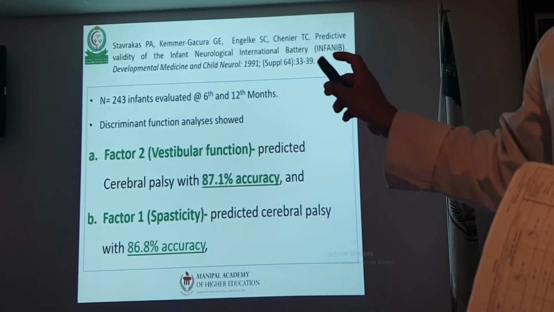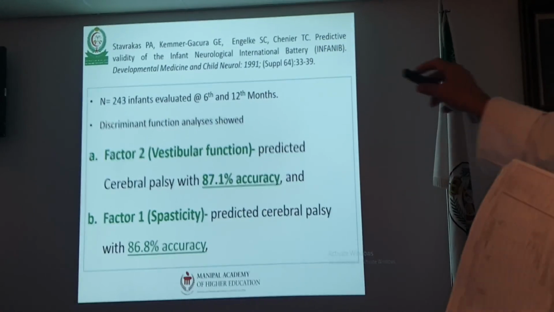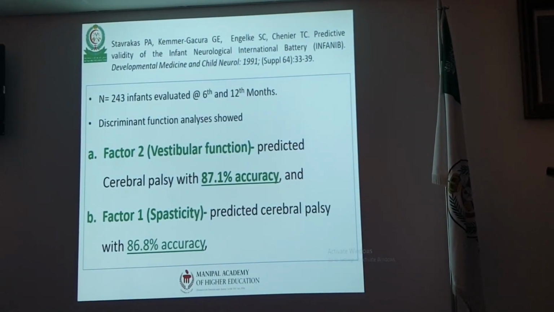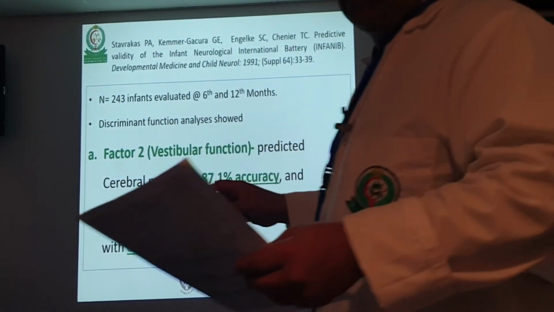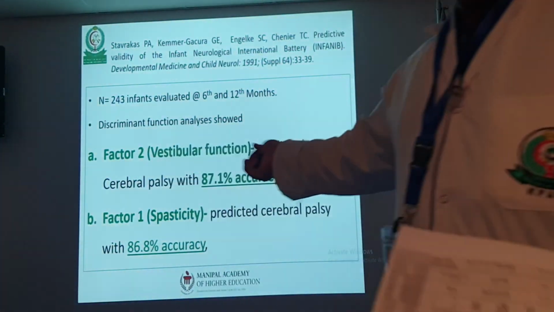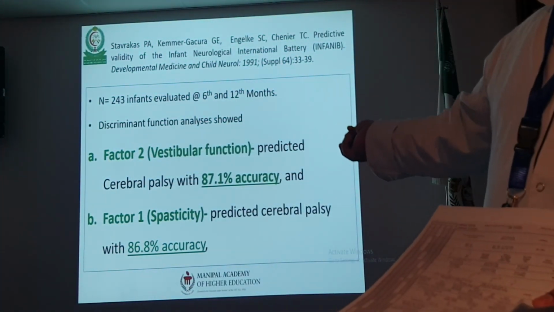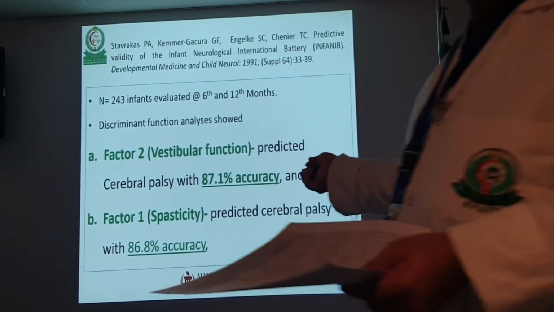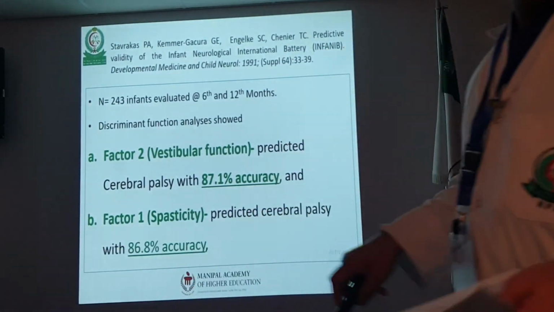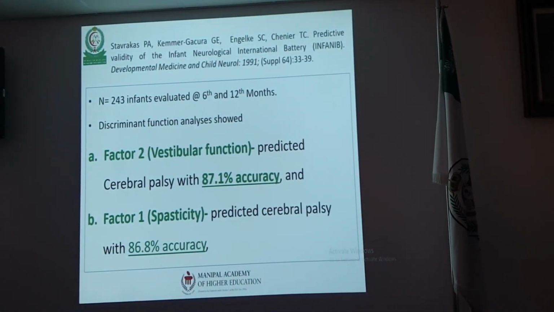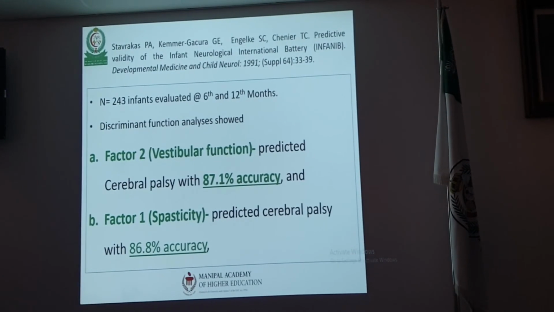Is it factor 2 or factor 3? Factor 3, because when you mentioned it before, that's why I accepted that it is an error. In factor 3, not the vestibular. Okay. Is that clear? Yes. Okay.